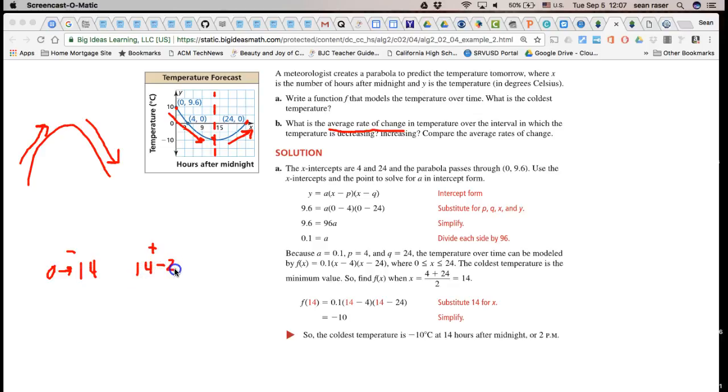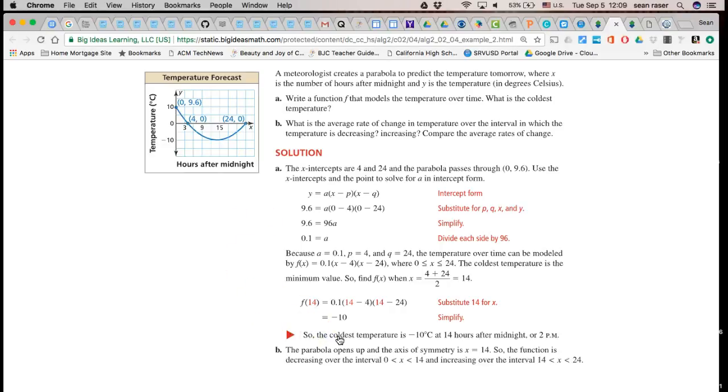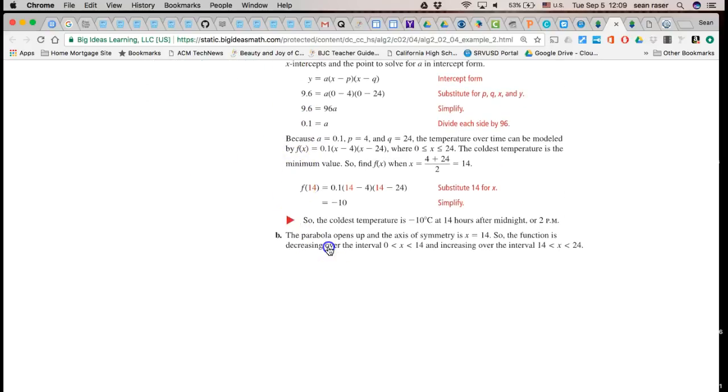So we want to use these intervals right here and find the slope between the 2 points at the end of our intervals. We're going to take the points that make up the left and right hand side of our intervals.